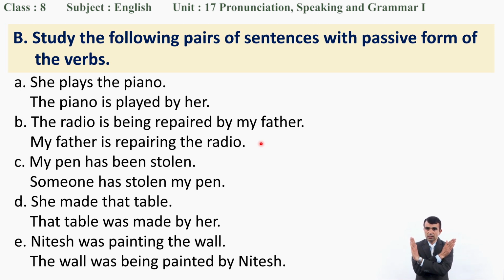Well, be plus past participle, verb 3, is the essential thing in passive form. Well, let's read these examples.